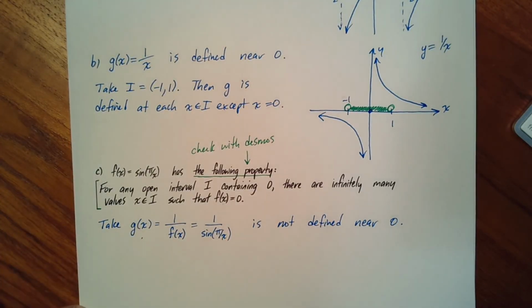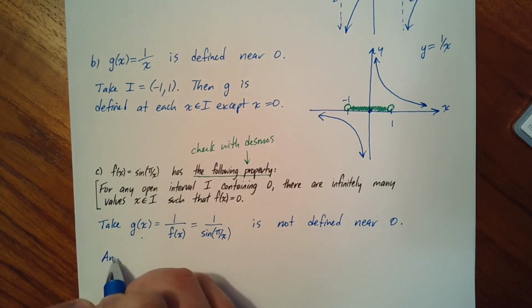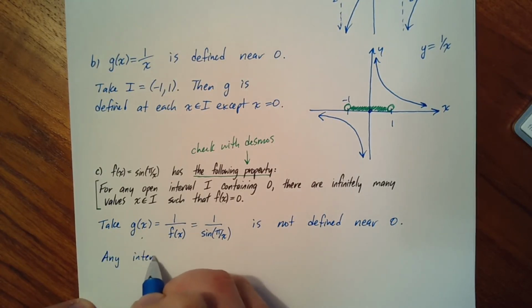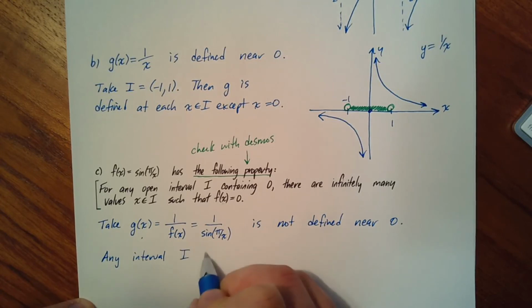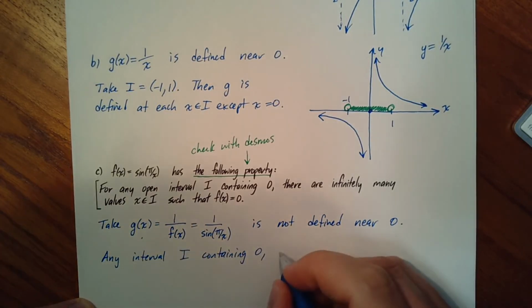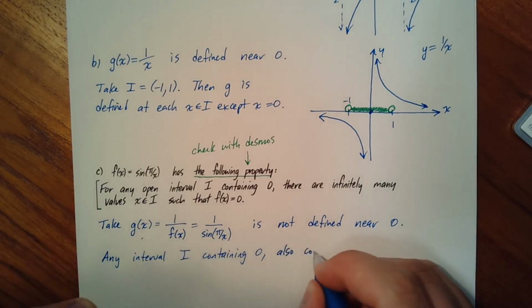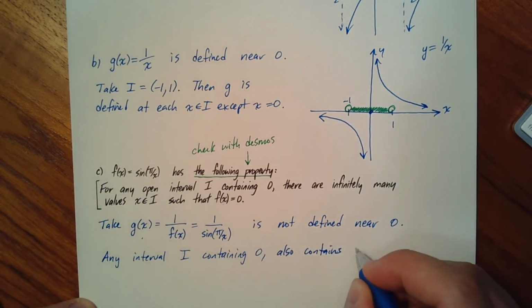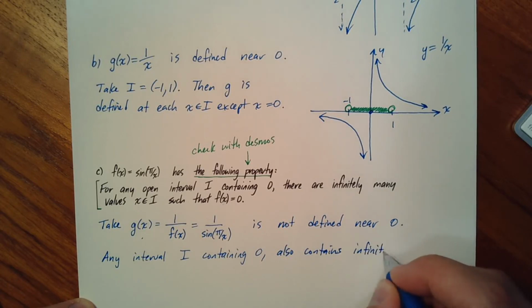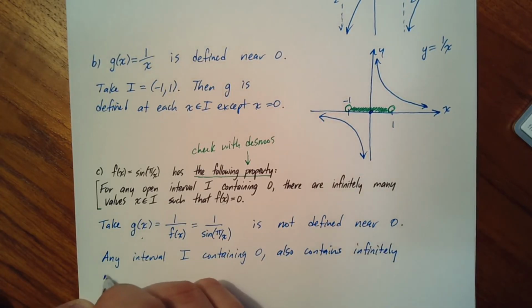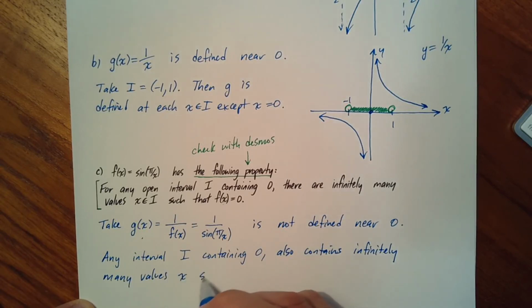So let's spell that out. The reason is any interval I containing 0 also contains infinitely many values x such that g of x is not defined.